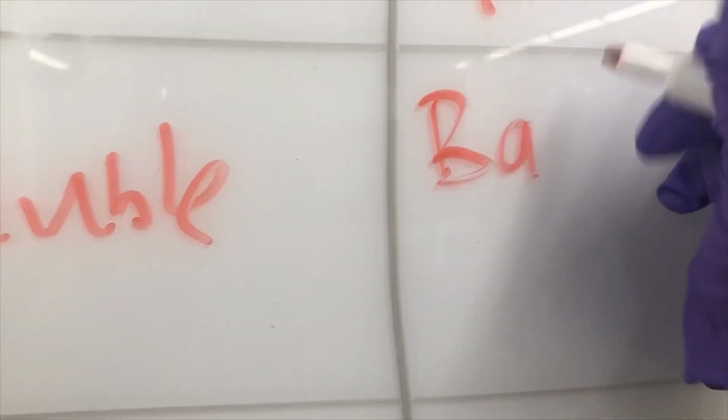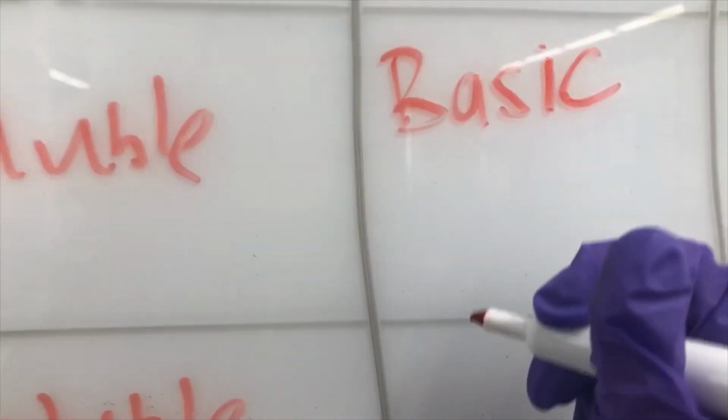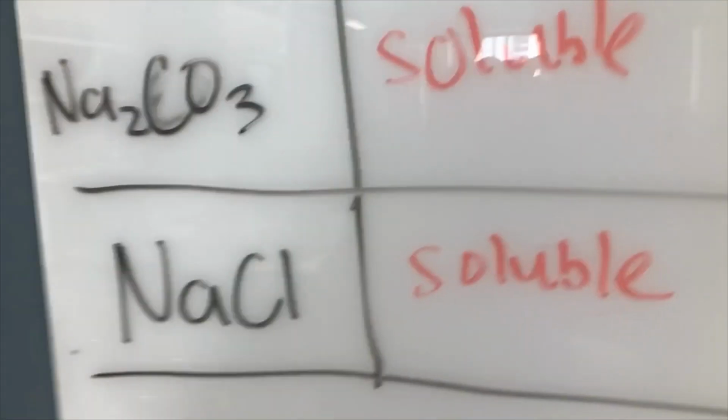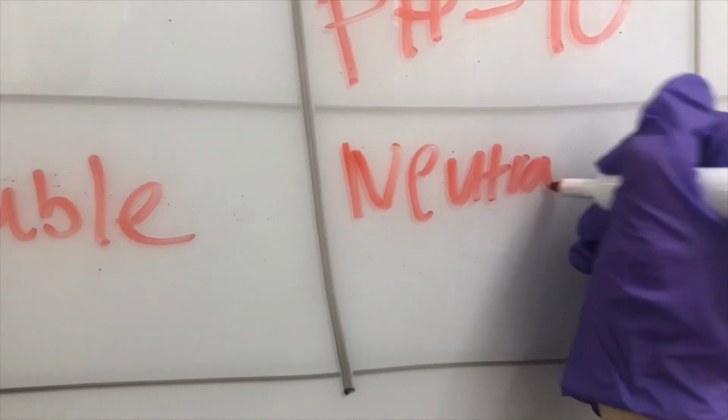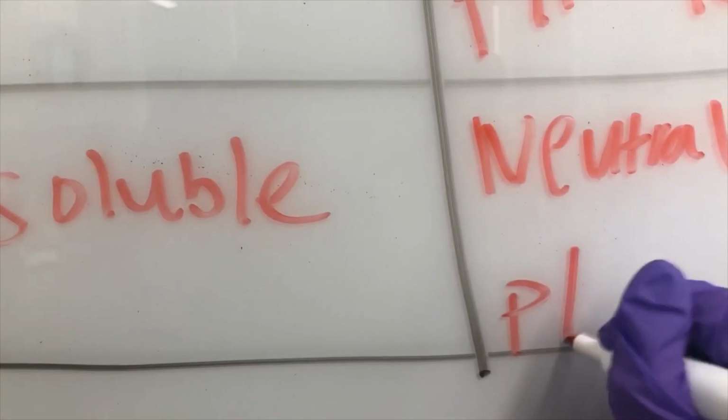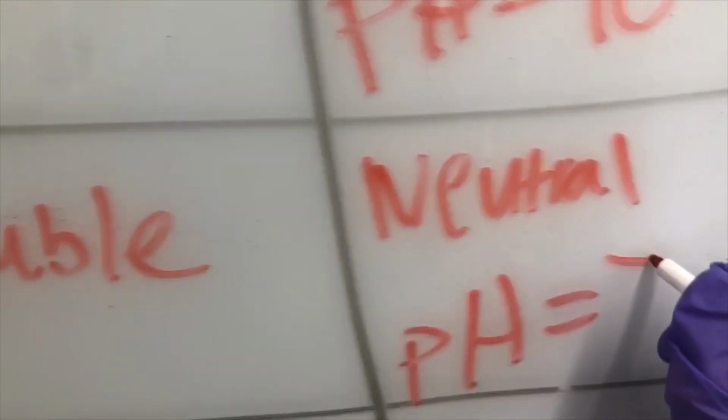Sodium carbonate, on the other hand, was very, very basic. It had that very pretty purple color, so pH equals 10. And then lastly, sodium chloride was another neutral, so pH equals 7. And again, those are more or less estimations based on sight.